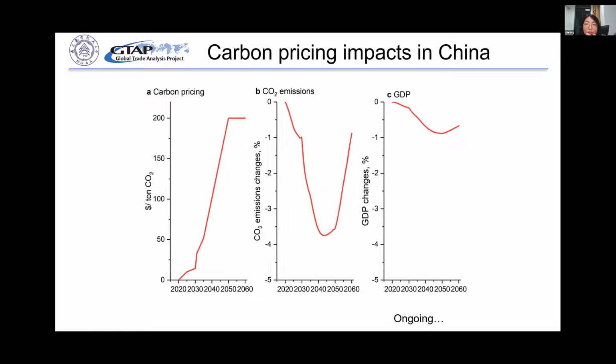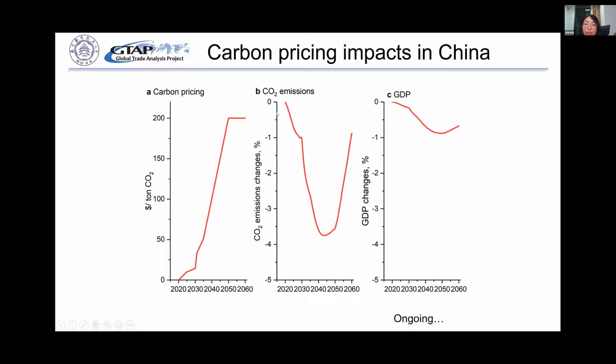And in our recent studies, we also found that carbon price could help China achieve carbon net zero in 2060.